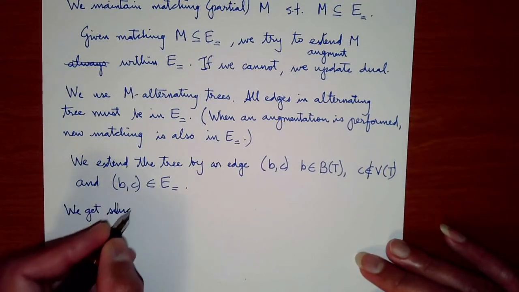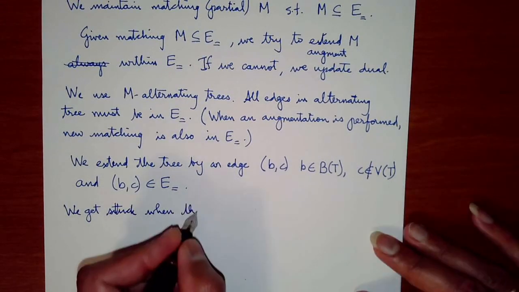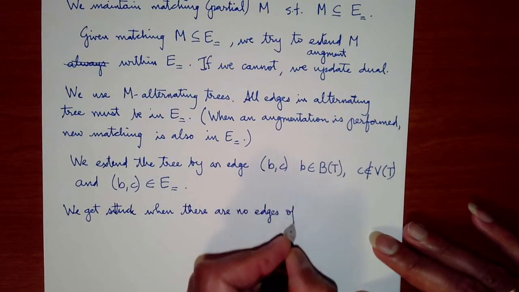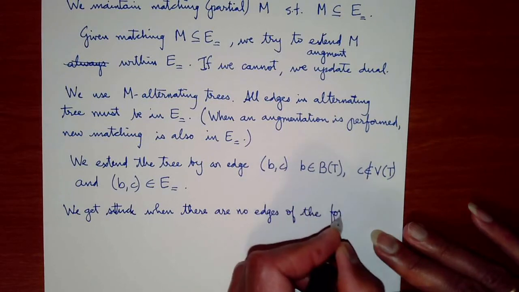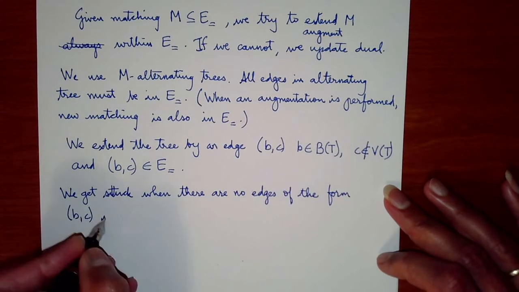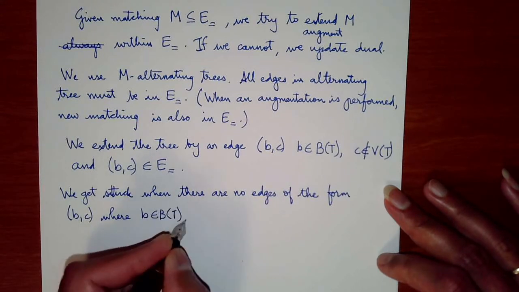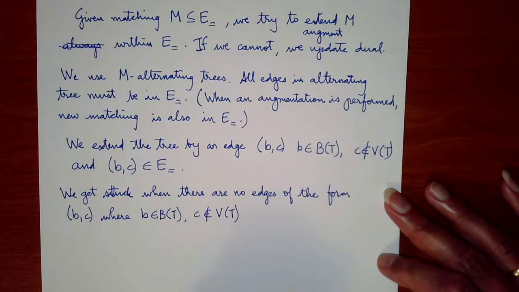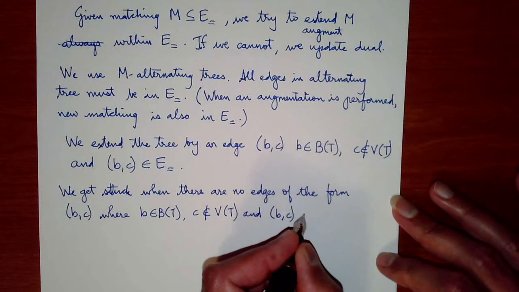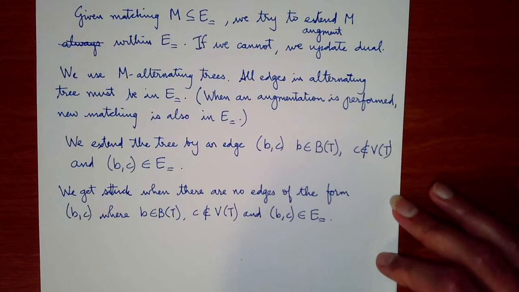We get stuck when there are no edges of the form BC, where B is in the vertices of the tree T, C is not in the vertices of the tree, and BC is an equality edge. That's when you get stuck.